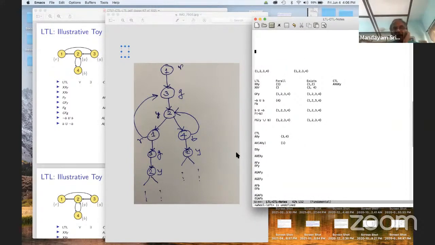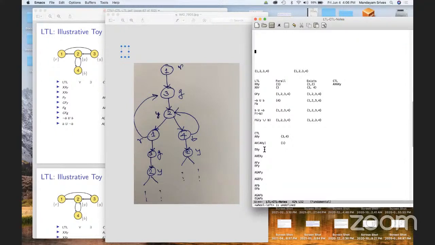So, next, I want somebody. Okay, so Ratnakar, AX of EX of Y. First start with EX of Y. I think 3 and 4.